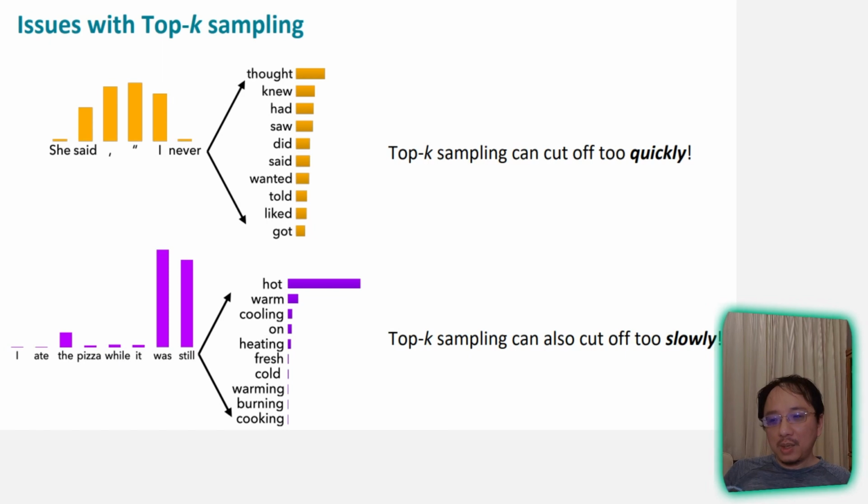But still, in principle, top k doesn't seem to be ideal. And these two situations are not just some theoretical imagination. They actually happen quite often.